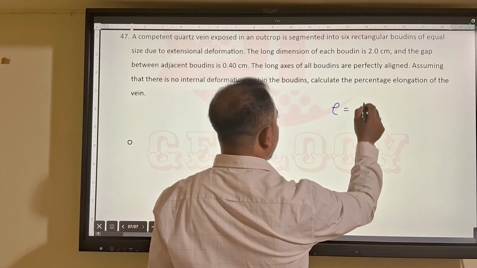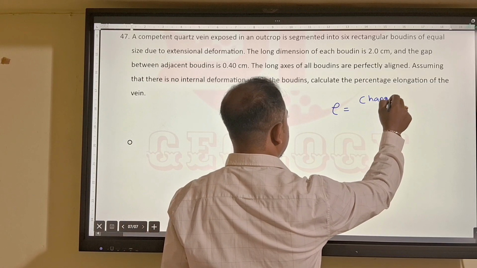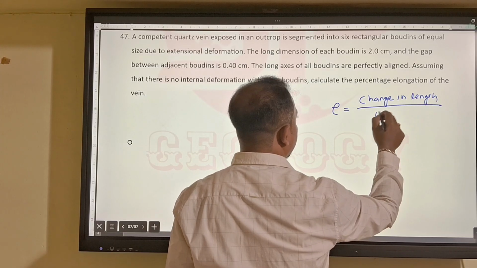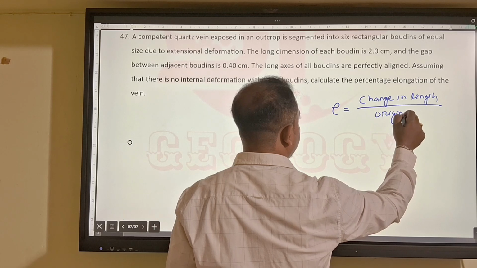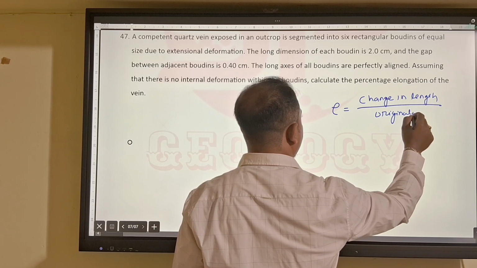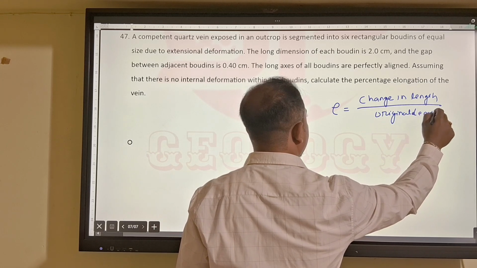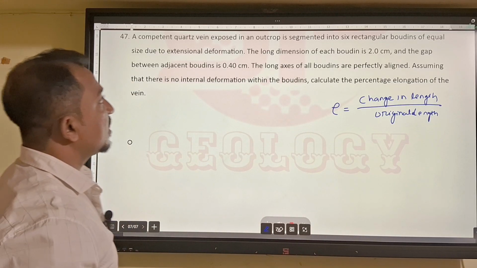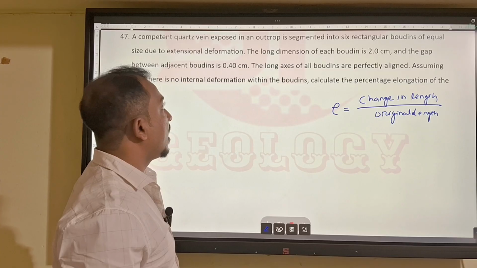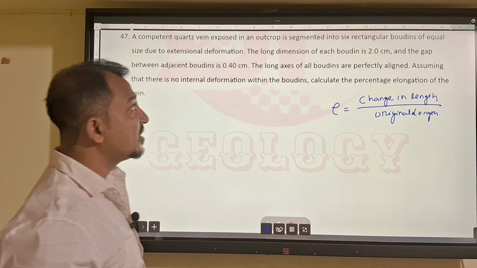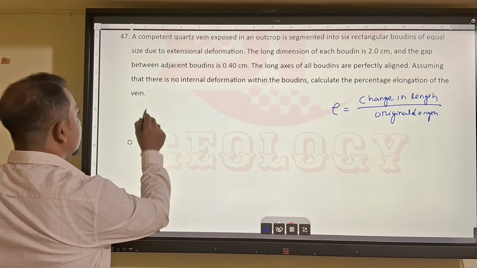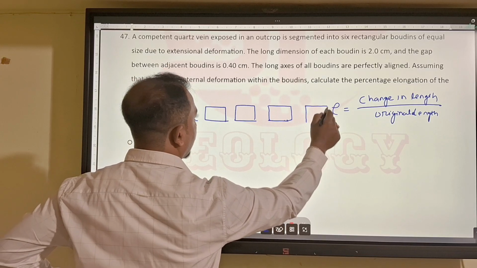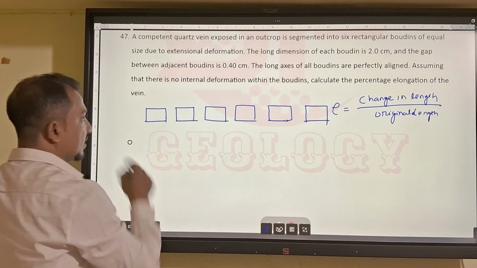So what is the formula of elongation? That is change in length divided by original length, or initial length. So the competent quartz vein exposed on an outcrop is segmented into 6 rectangular budins of equal size. So it is divided into 6. So these are 6 budins.